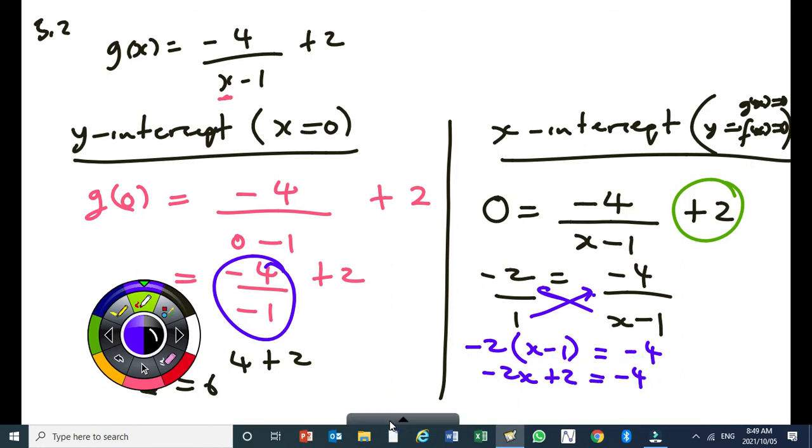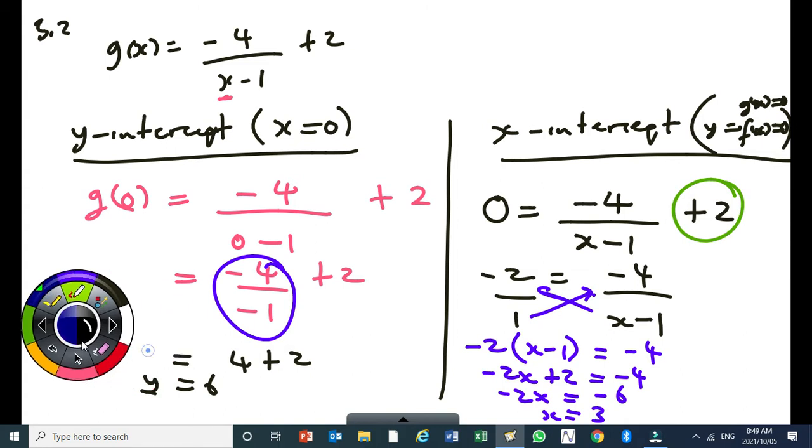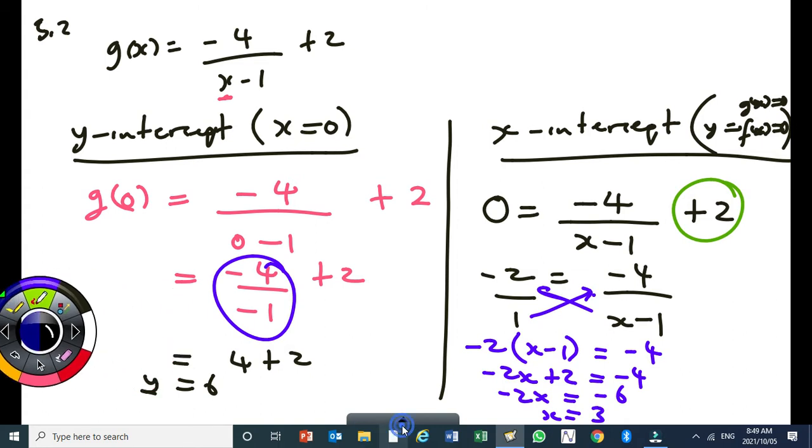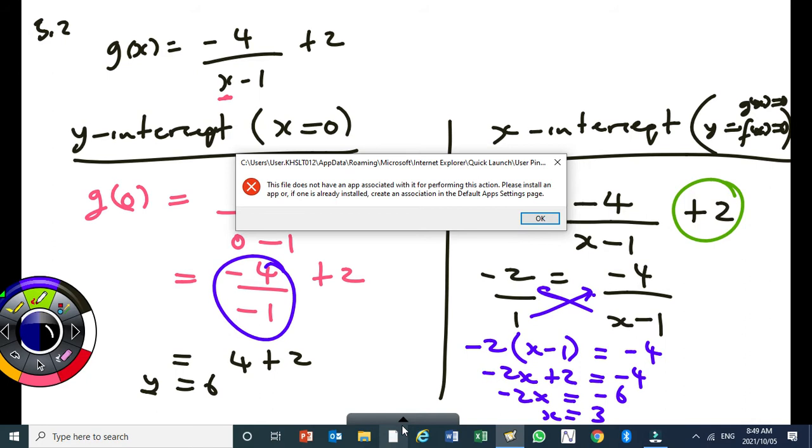If you simplify this, you get minus 2x equal to minus 6. So x is going to be 3. And then you are done. It's not difficult at all. I hope you can see that this was not difficult.